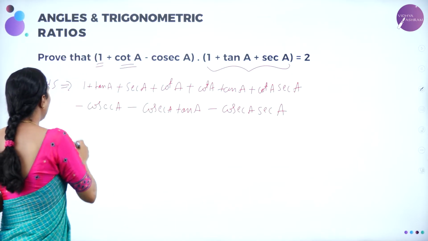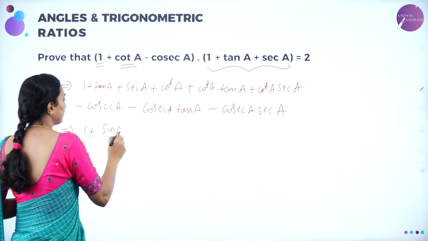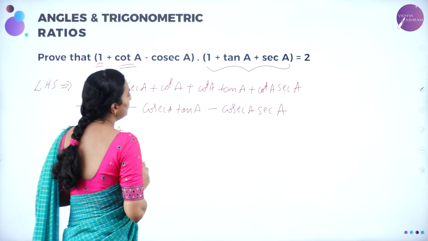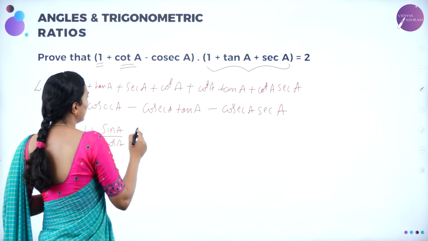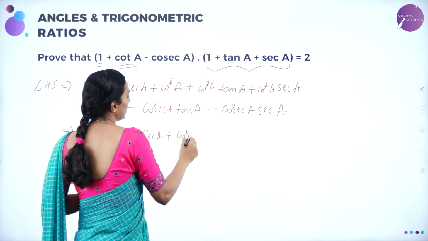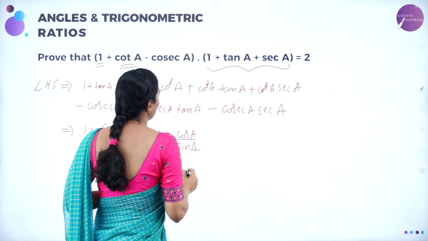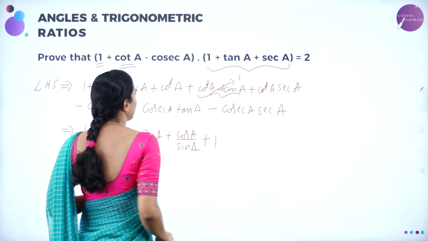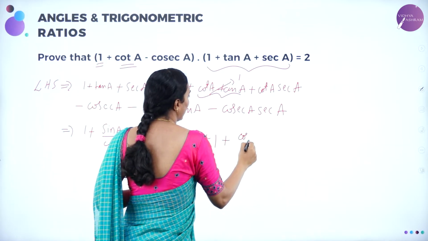Now let me write here: 1 plus tan A can be written as sin by cos, plus secant A. Do you have anywhere only secant A? Nowhere. So writing secant A as it is, plus cot A can be written as cos by sin, and cot A into tan A will become 1. So 1 plus 1, reciprocal of each other, plus cot A is nothing but cos by sin.